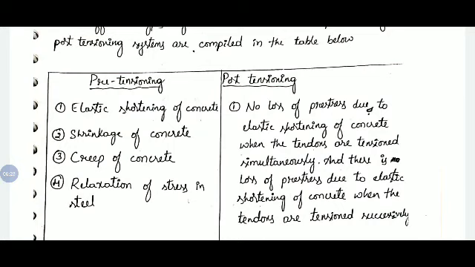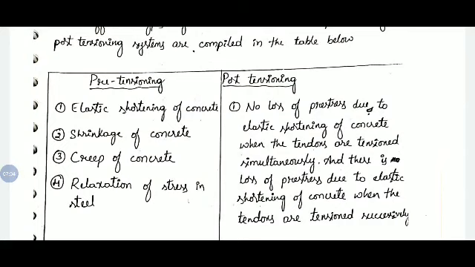Then if we are providing two or more tendons, like 3 tendons, 5 tendons, depending on the requirement, it is very important that you remember that in post-tensioning, elastic shortening of concrete will occur when you have applied the tensile stresses to the tendons one after another.